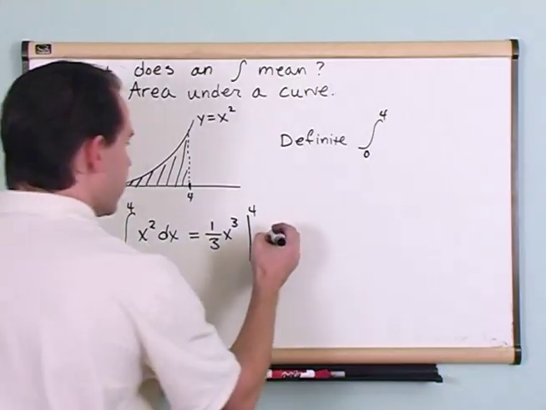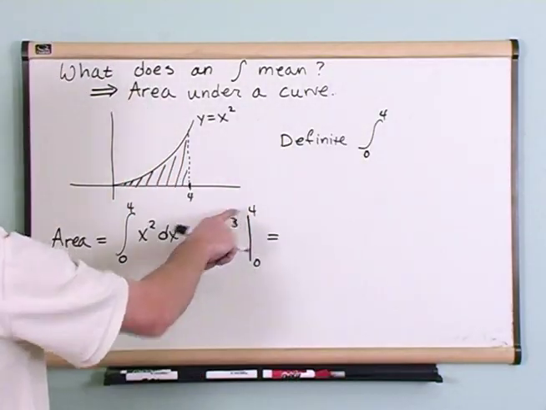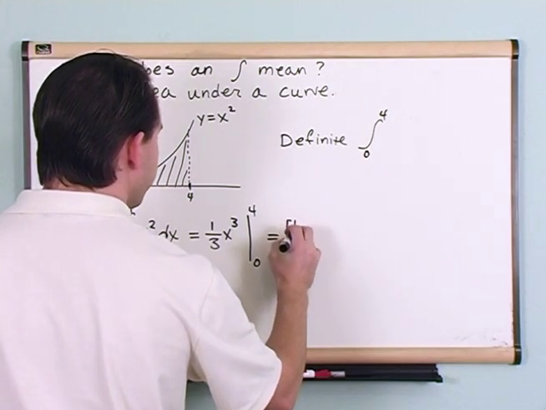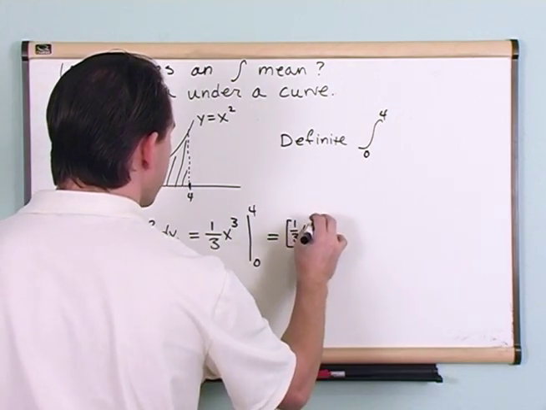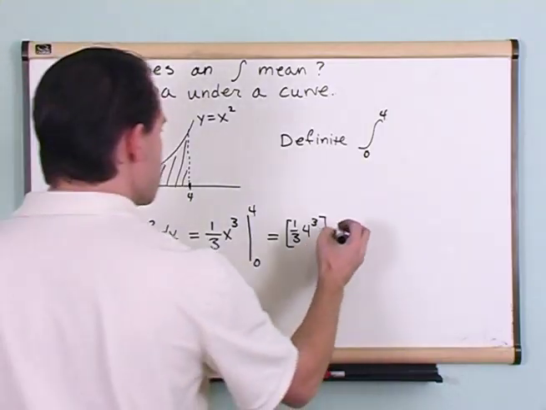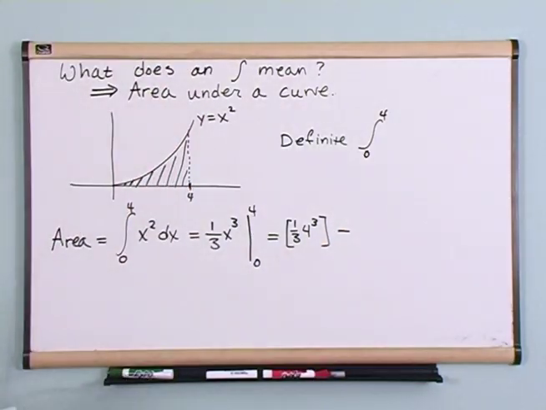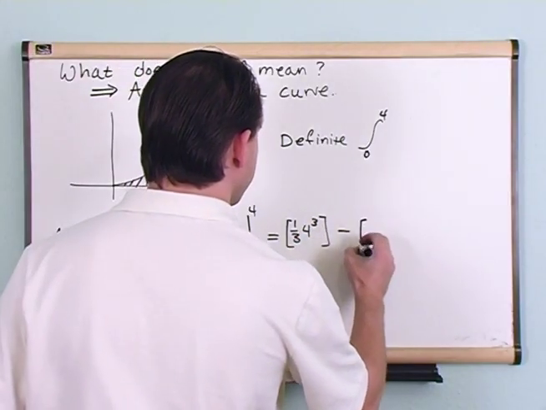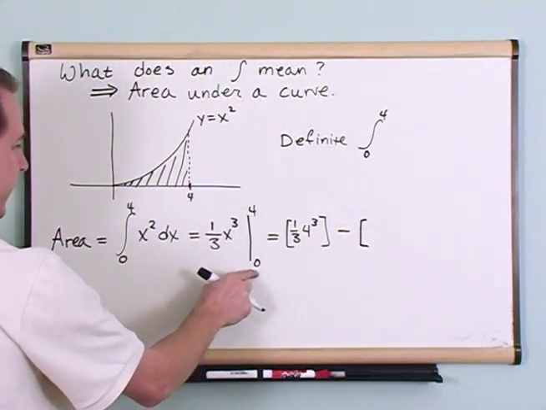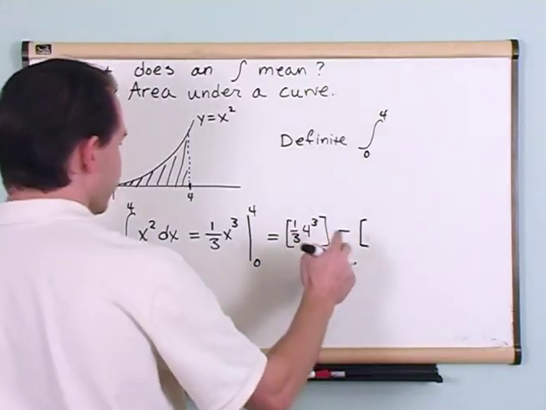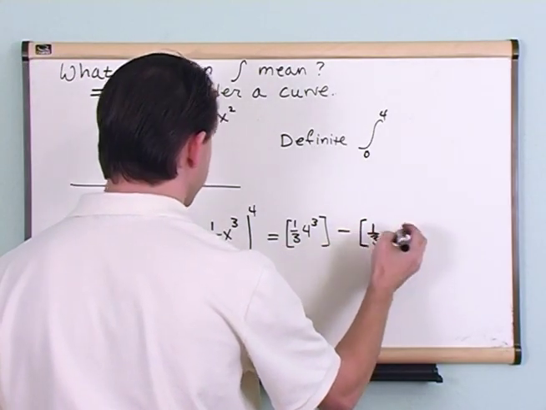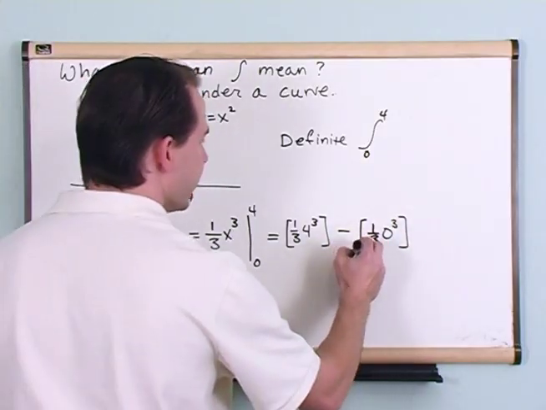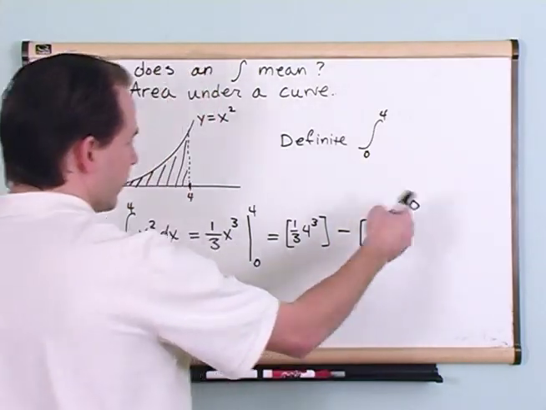Okay? To calculate the area, you take the number on the top and you plug it in. So you would have here 1/3 4 to the 3rd power, minus, so what you have to do to finish this is plug in the value on the bottom, so that'd be 1/3 0 to the 3rd power like this, and then this whole term is going to go to 0 because 0 cubed is 0.